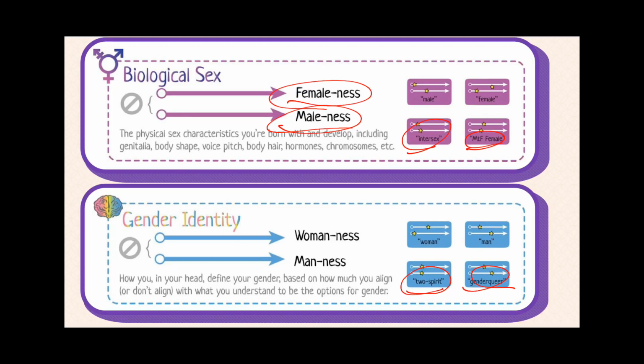An example of a popular person who identifies as genderqueer, under that umbrella of non-binary, is Sam Smith. They came out as genderqueer, non-binary, I think last year.